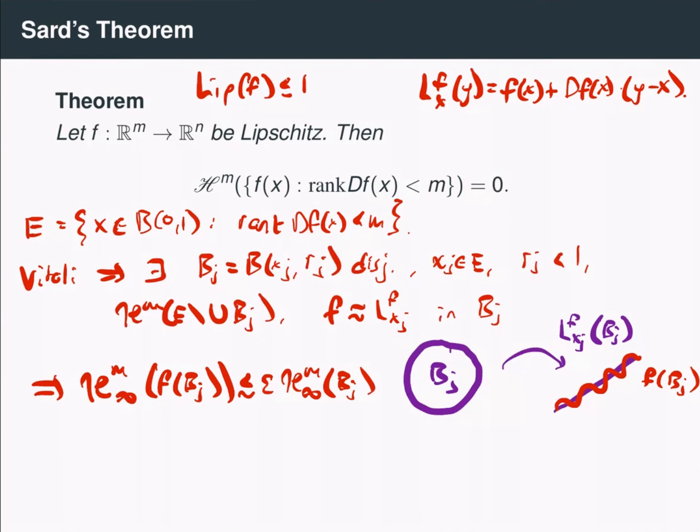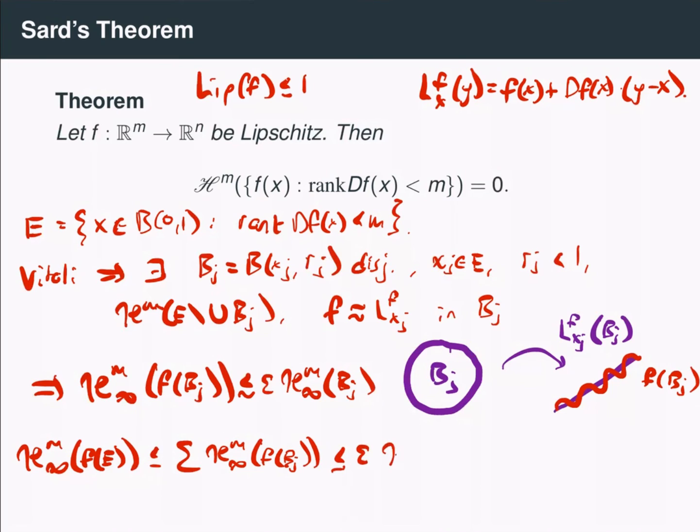Okay, so with this in hand, then we can show that the Hausdorff content of f of E is zero. So recall that if I show that this is 0, then that implies the Hausdorff measure of f of E is 0. This is at most the sum of the Hausdorff contents of f of the individual balls, which are at most some constant times epsilon. Now recall that Hausdorff m content in R^m is equivalent to Lebesgue measure.